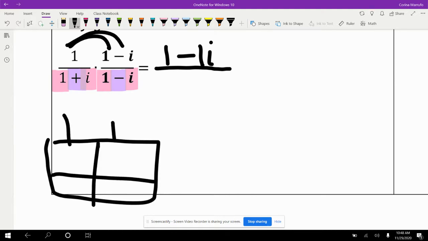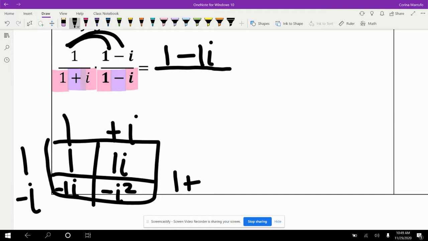We have 1 plus i and 1 minus i. So 1 times 1 is 1. Negative i times 1 is negative 1i. Then we have 1 times i is a positive 1i. And then negative i times a positive i is going to give us a negative i squared.